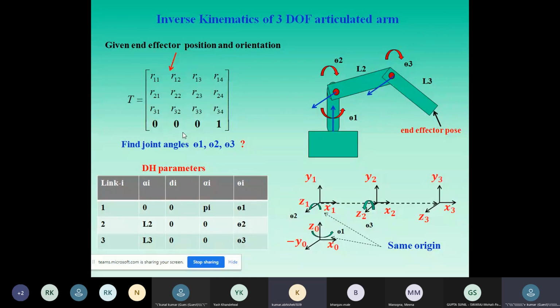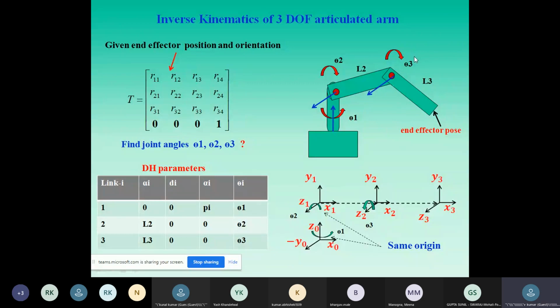Three joints. The number of actuators is called the degree of freedom. There are 3 variables, theta 1, theta 2, theta 3. These are the joint angles. And for the 3-DOF manipulator, how many unknowns? Theta 1, theta 2 and theta 3.